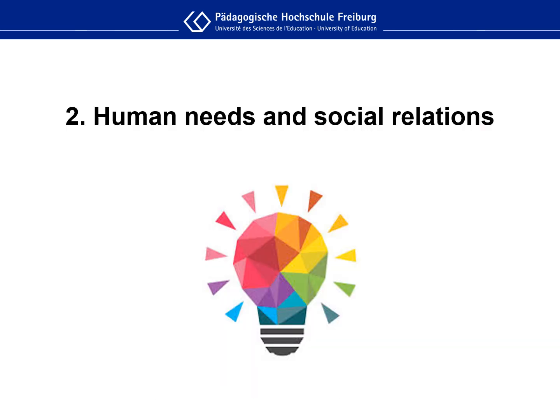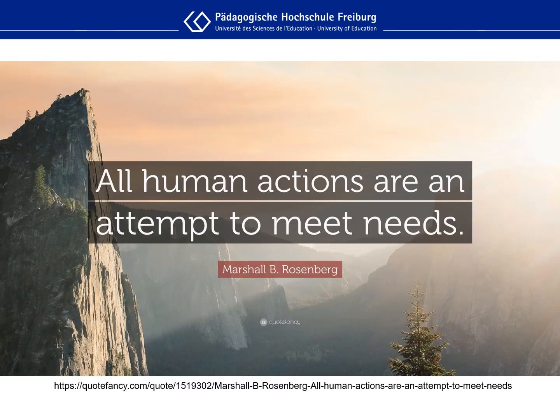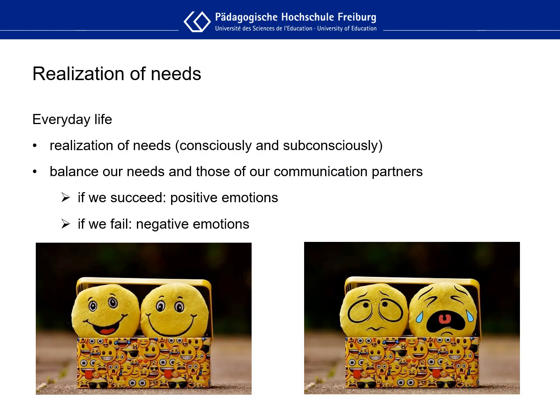Let's have a look at the role of these human needs within social relationships. Marshall B. Rosenberg, the father of nonviolent communication, stated, "All human actions are an attempt to meet needs." What did he mean by that? In our daily life, we are constantly trying to realize our needs. We do so consciously or subconsciously.